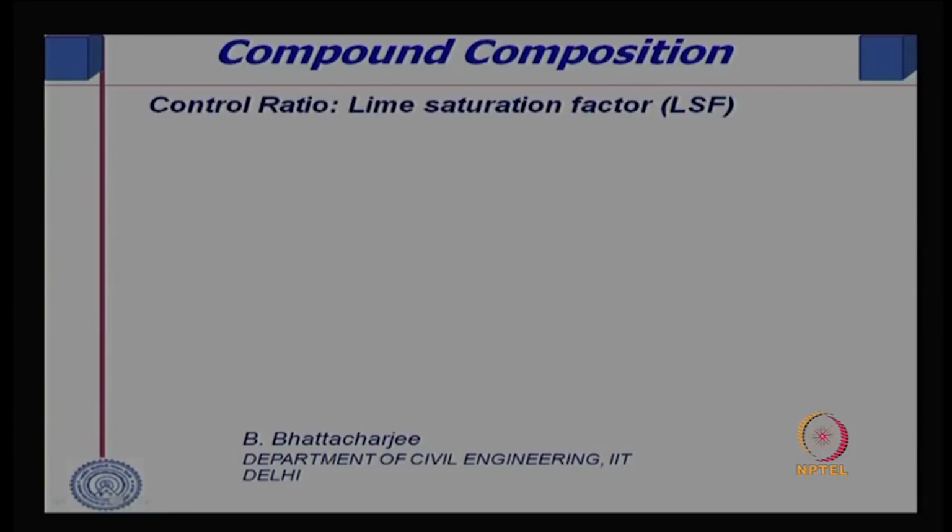Well, it is important that you control the composition of the cement, because performance will depend upon the compound composition. We will see that each compound actually behaves differently than the others. Although it is very difficult to directly identify C3S, C2S etc. in cement.